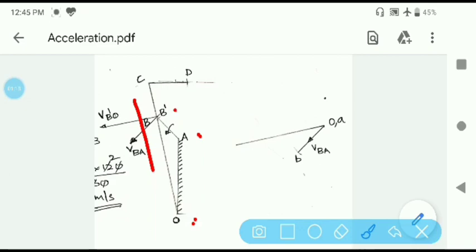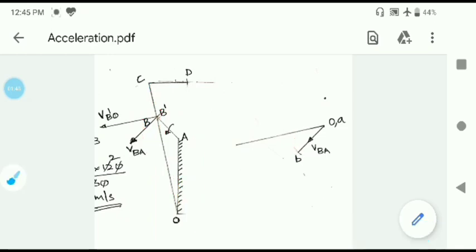For that, from B in the velocity diagram, you have to draw a line parallel to line OC, such that this line will intersect the line from OA, and that point will be B prime. So that is what I have drawn here.